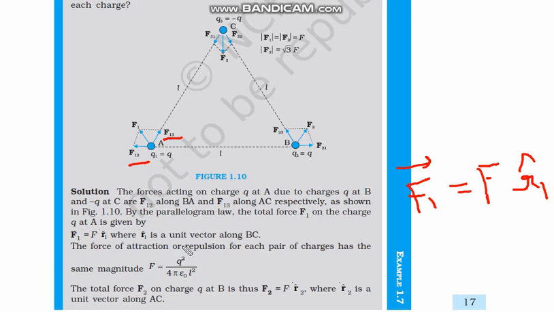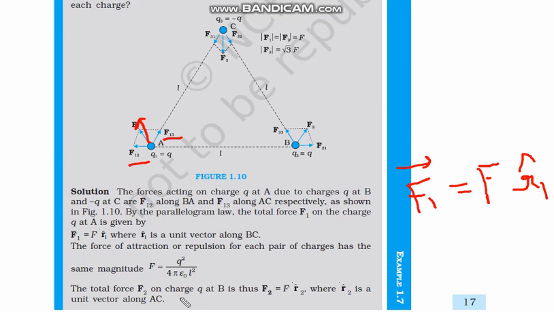So magnitude was 1 upon 4 pi epsilon naught, the charges were both q and q, whether positive or negative, and the distance between them is again L. So this remains same. This F1 is in this direction, the unit vector R1 is a vector which has unit magnitude in this direction.